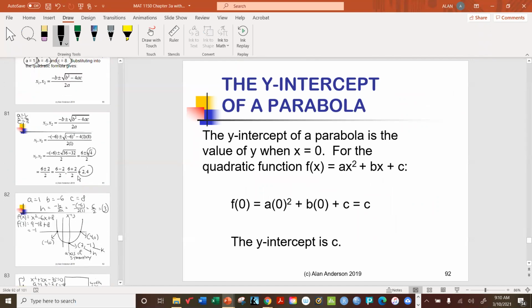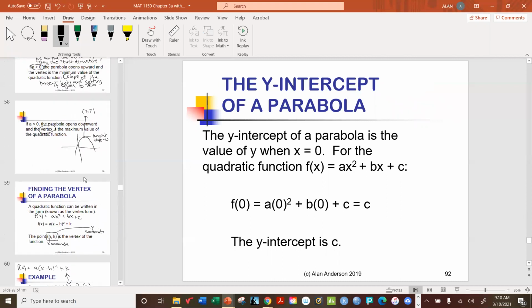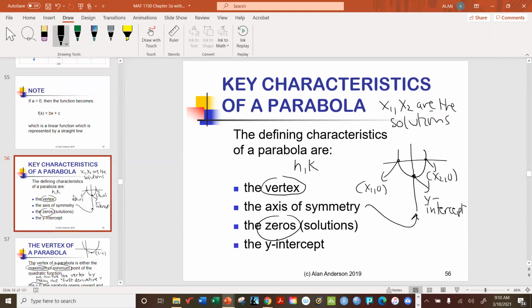All right, so I was just going to say all of these actually are very closely related to each other because the vertex, now remember the vertex has that formula, but if you're going to solve for this thing anyway, if you do have the solutions, the h is also the average of the solutions. And then the axis of symmetry is just x equals h.